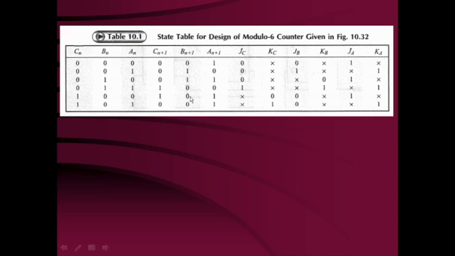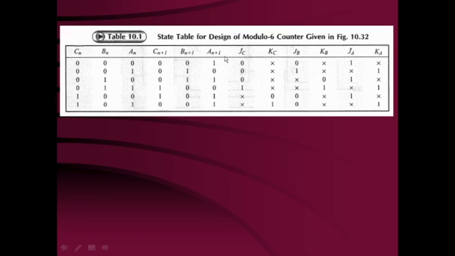So for that we are not going to prepare a Carnot map. We'll be preparing a Carnot map for flip-flop C and flip-flop B. That means we'll see that JC is a function of the present state, that is Cn, Bn and An. And similarly, KC is a function of the present state, again Cn, Bn and An.